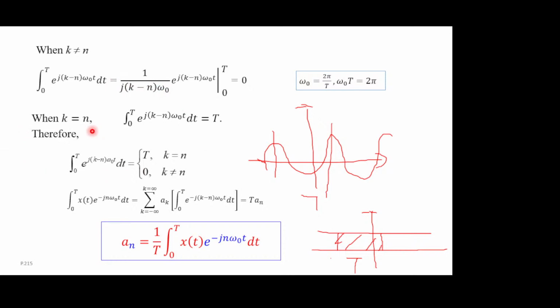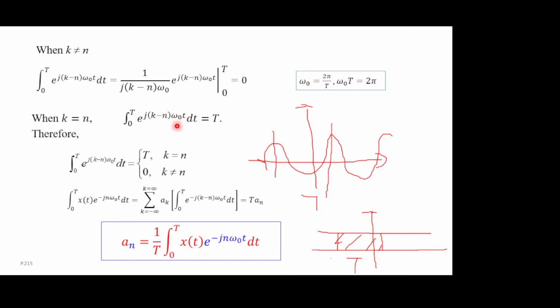For k equal to n, this is not correct because k minus n is 0, and the upper minus lower is also 0, so you have 0 over 0. But you can just take a step back and look at the expression where k equals n.